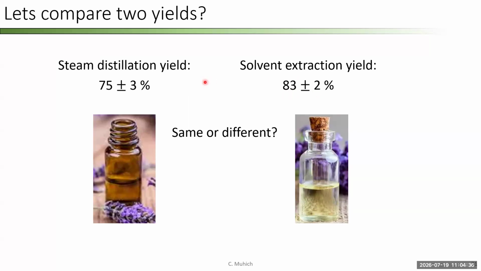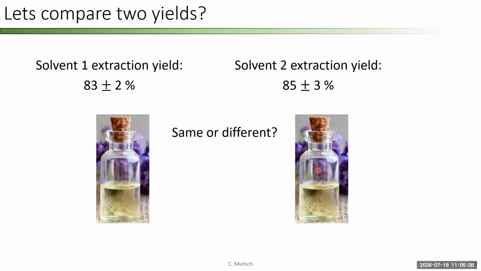So my question is, is the yield with steam distillation the same or different than the yield with solvent extraction? Well, 75 is definitely not 83, and it feels like with these confidence intervals, there's not much overlap. So the steam distillation is probably giving us a much lower yield than the solvent extraction.